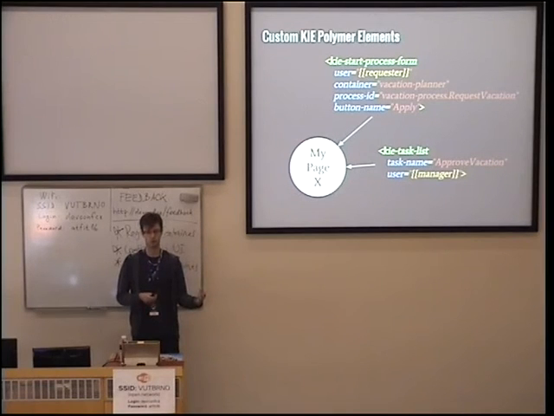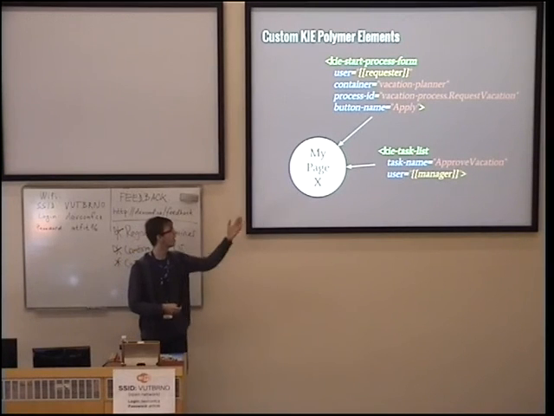The other example, get task list, is even simpler. I just wanted to show a list of tasks for a particular manager, and not just any task. I want to show a list of tasks to approve a vacation. So I put there a task name, approve vacation. That's not all.